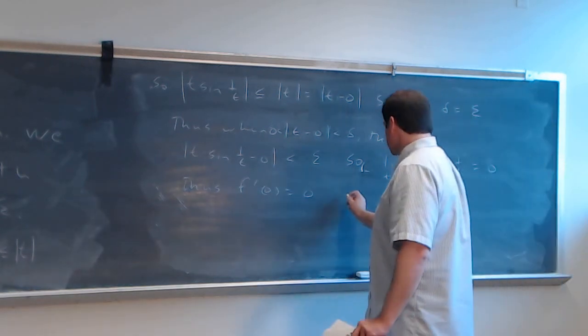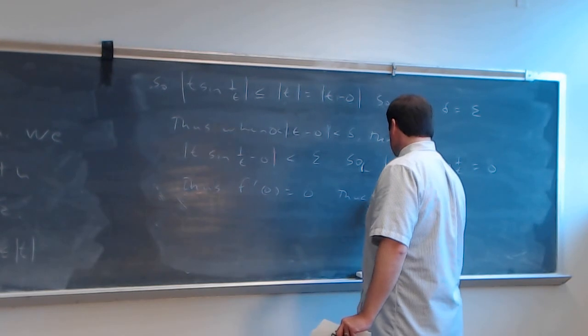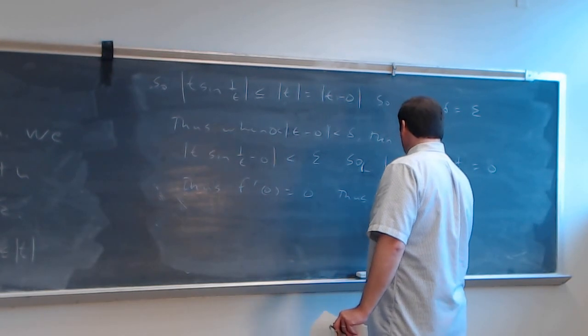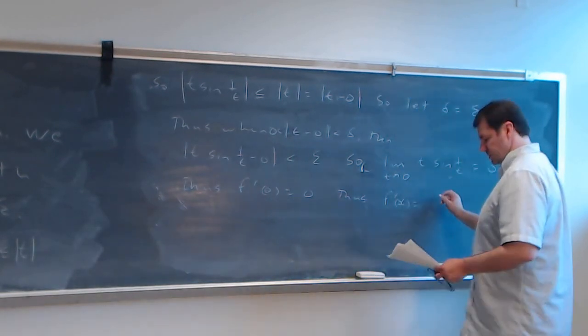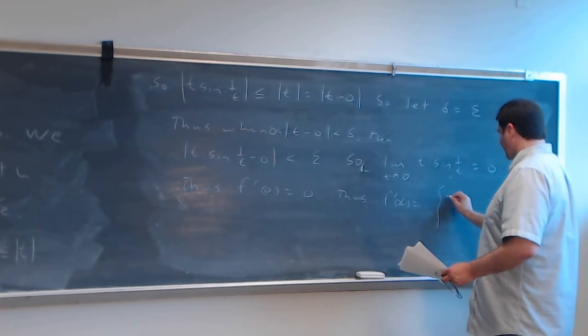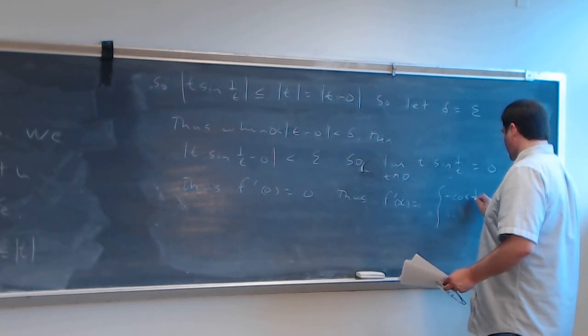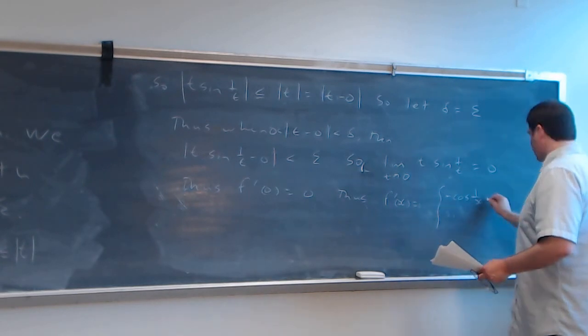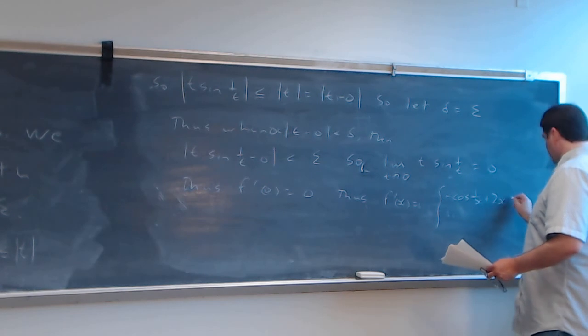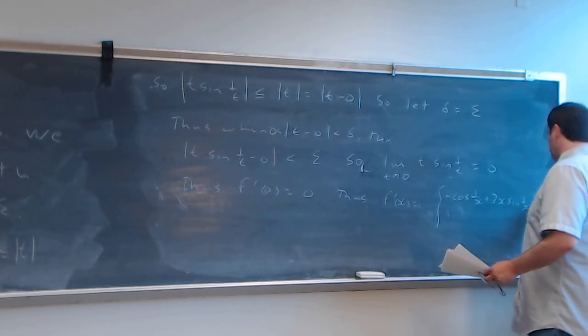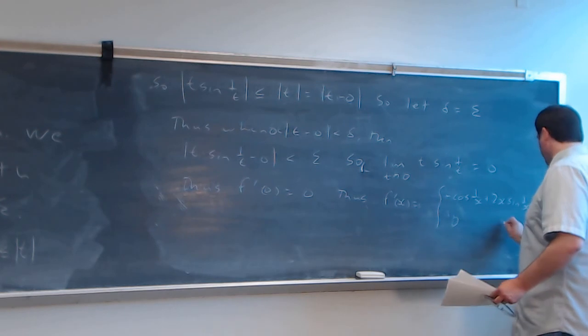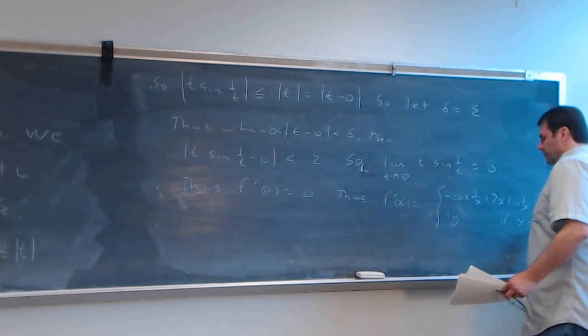And what we get is f prime of x as a function to be thought of as minus cosine of 1 over x plus 2x sine of 1 over x, with x being different from 0, and 0 if x equals 0.